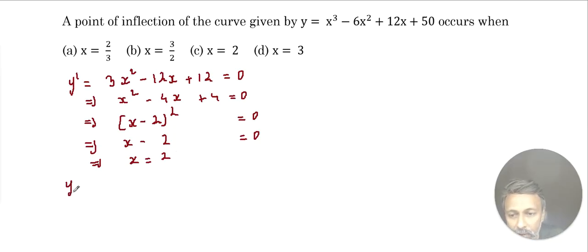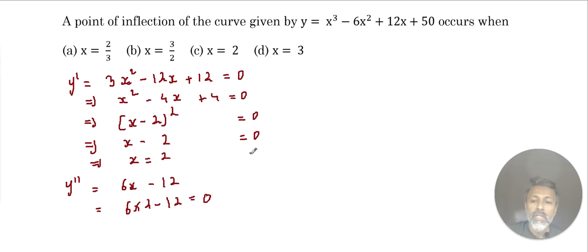Let's take the second derivative. The second derivative is equal to 3x square's derivative, 6x, minus 12x's derivative 12, plus 12's derivative is 0. Substitute x as 2. So 6 into 2 minus 12 is 0. So the second derivative being 0, it's neither maximum nor minimum.